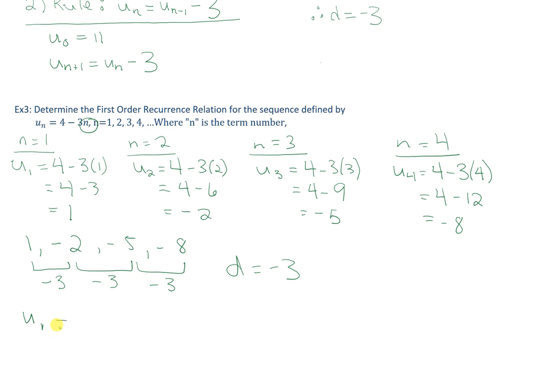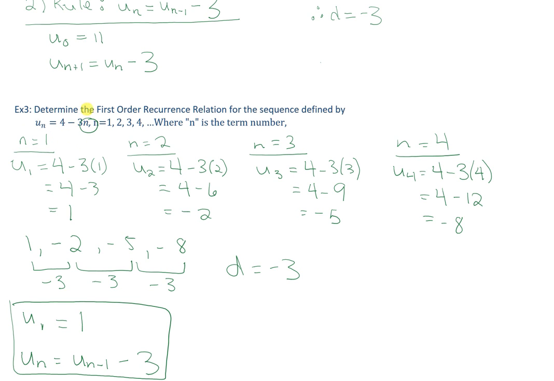U1 is 1, because that was my first term. When I put 1 in for n, 4 minus 3 is 1. And let's go with this one: UN is UN minus 1 minus 3. Everyone always likes it when your answer is in a box. It makes it nice and easy to find. So that would be our recurrence relation from that general form.